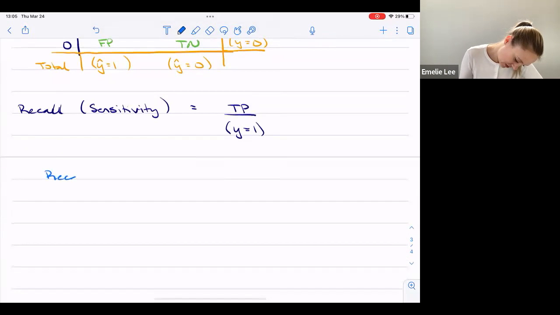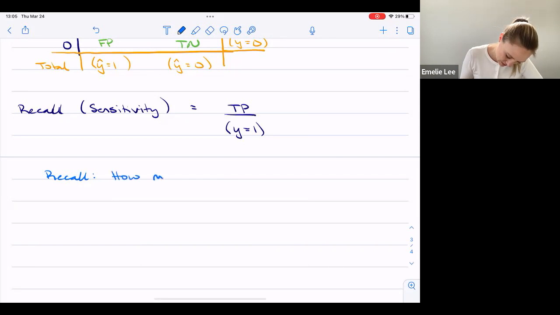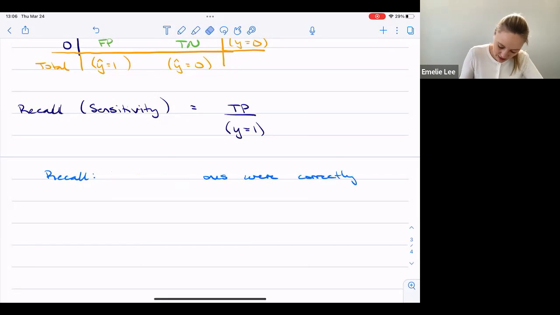And so here, what's this? So the recall is how many did I correctly classify as ones? How many ones were correctly, or maybe I should say what proportion, because it's not how many, it's a fraction, right?